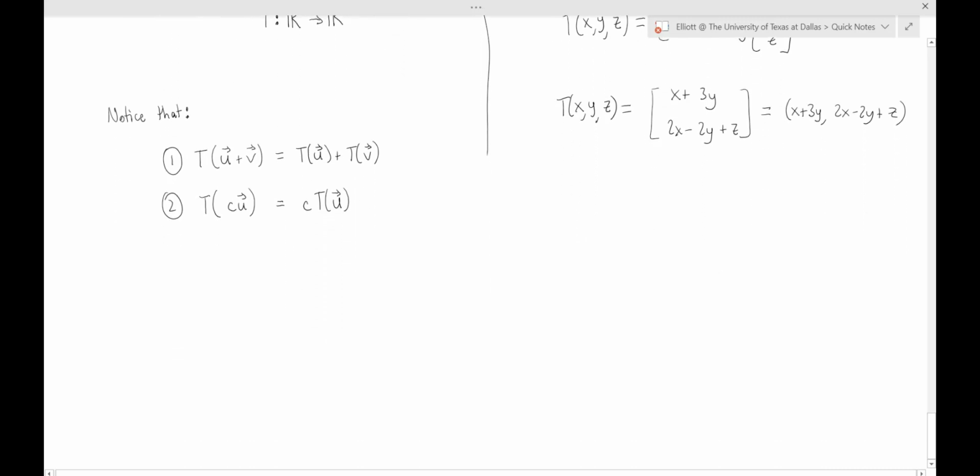Any function satisfying these properties is called a linear transformation.